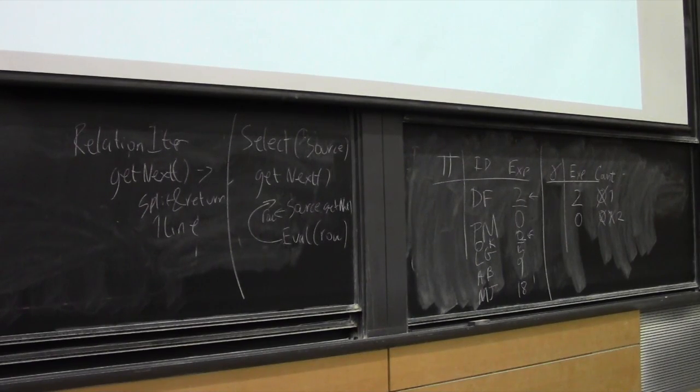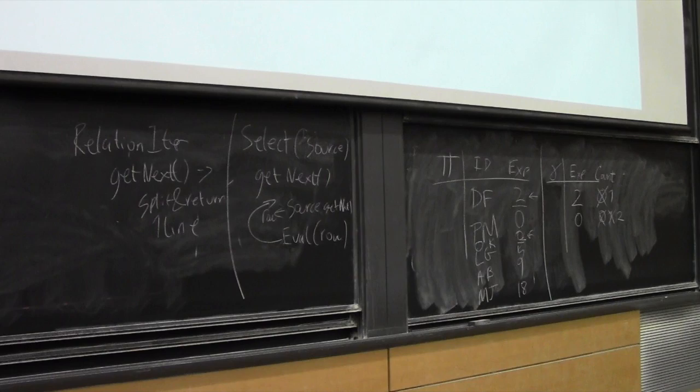Yes, and I will repeat the question first. Let's say that each of these organizational structures, these lists of pointers, is enough to fill up one page. So in order to read this organizational structure, I need to perform one IO.